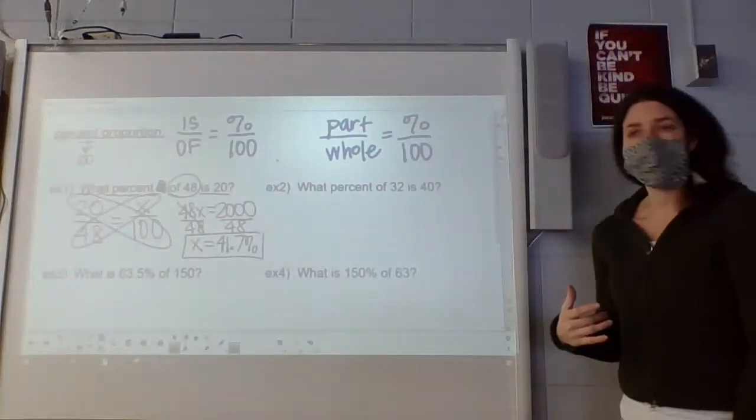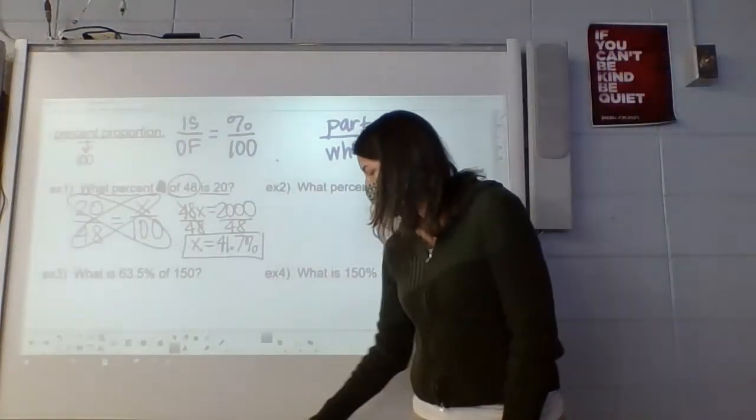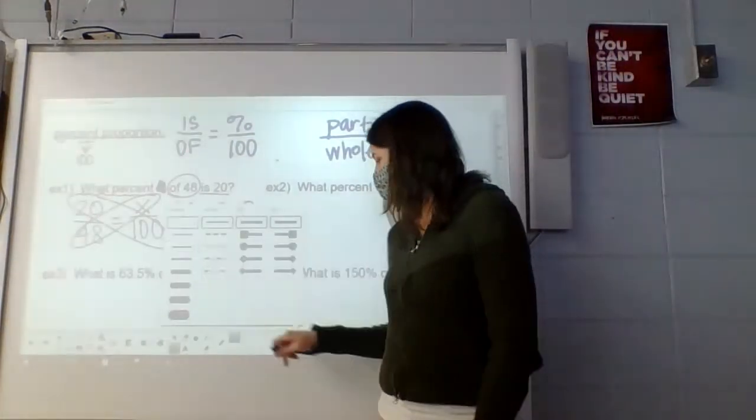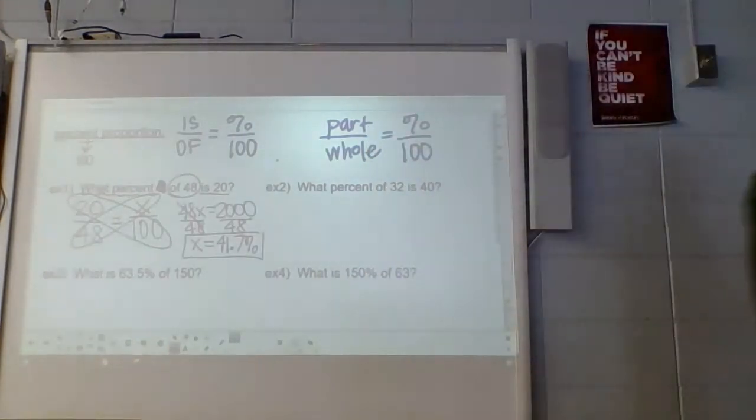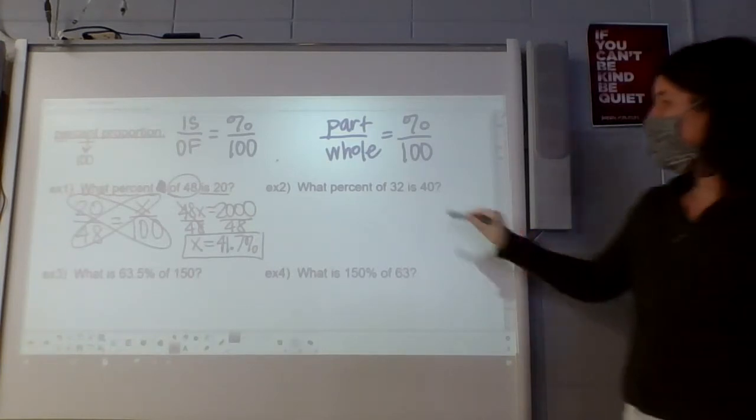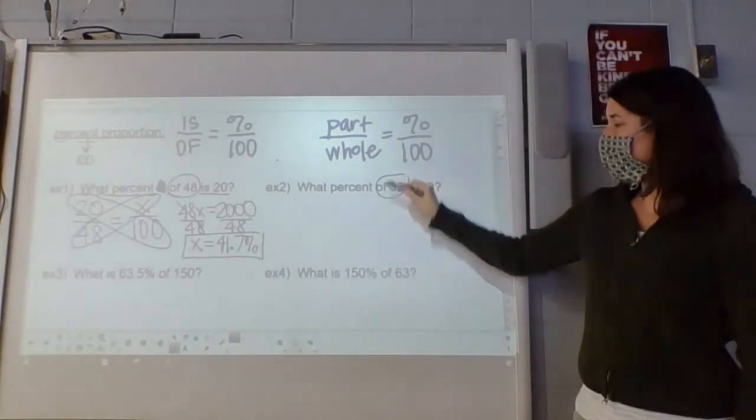So setting this up again, this is not supposed to be trying to stump you. This is a little bit of a weird question because it says what percent of 32 is 40. I want you guys to notice that it's not always the smaller number on top. So this would be a really weird score to get on a test unless there was a bunch of extra credit on it. Because if you look, it says of 32 this time.